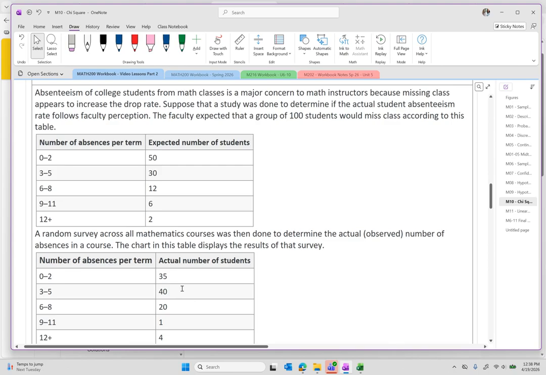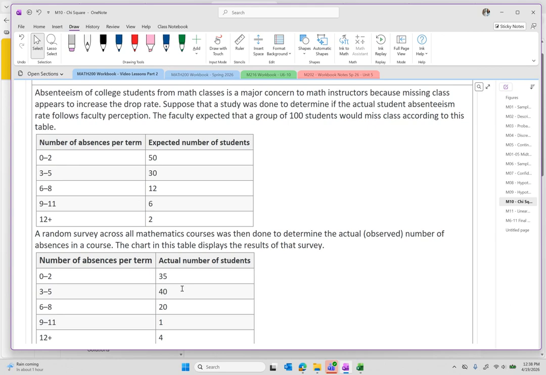Absenteeism of college students from math classes is a major concern to math instructors because missing class appears to increase the drop rate. Suppose that a study was done to determine if the actual student absenteeism rate follows faculty perception. The faculty expected that a group of 100 students would miss class according to the following table.